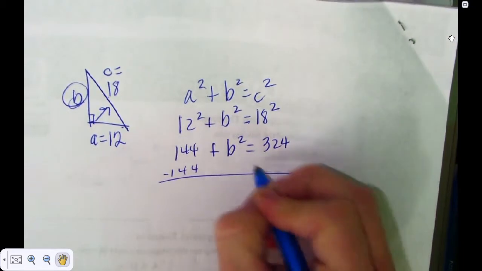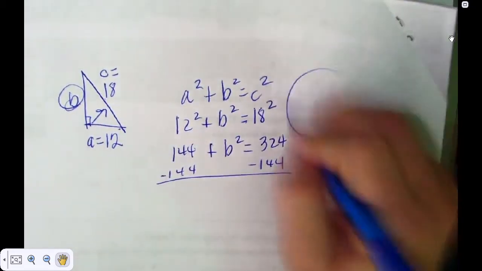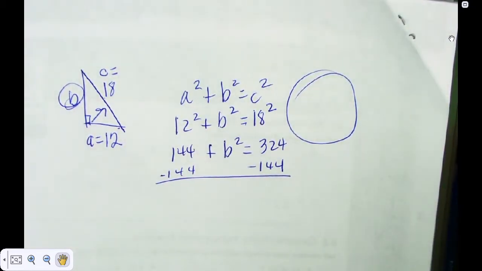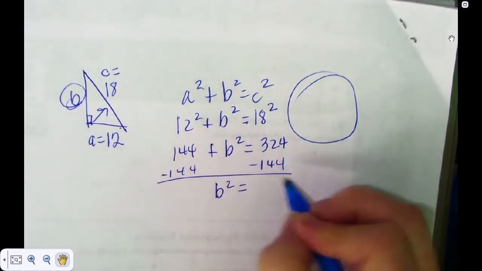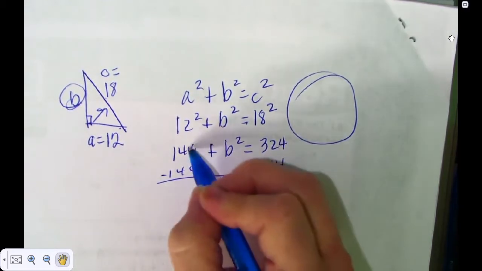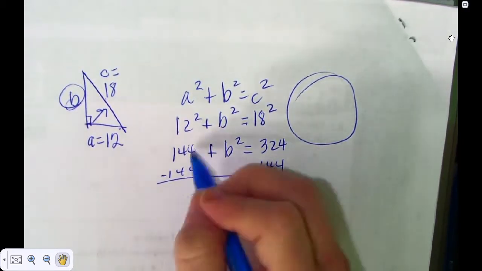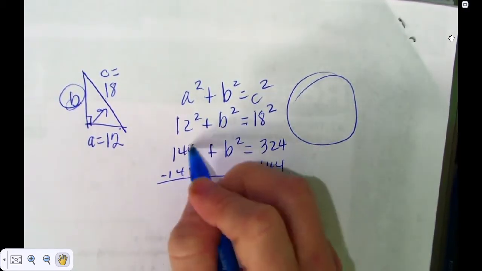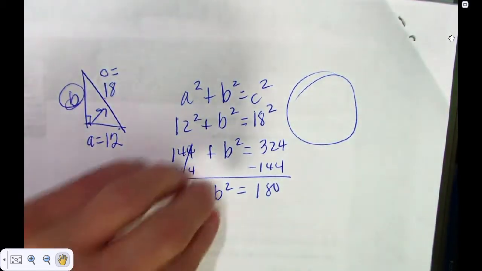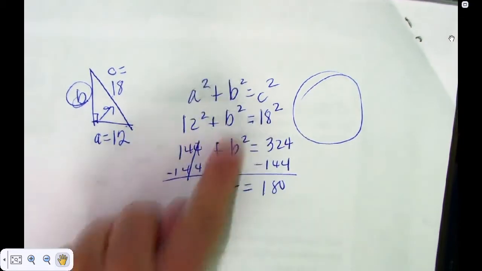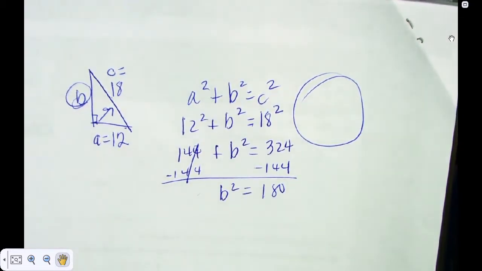I do the subtraction right here. I don't go over here to the side and do any subtraction. I do everything. So B squared equals 180. Do I put 0 here? No, because I've got B squared, so I don't need a 0. It cancels out as 0, but I don't need to put 0 unless I don't have anything there to bring down.